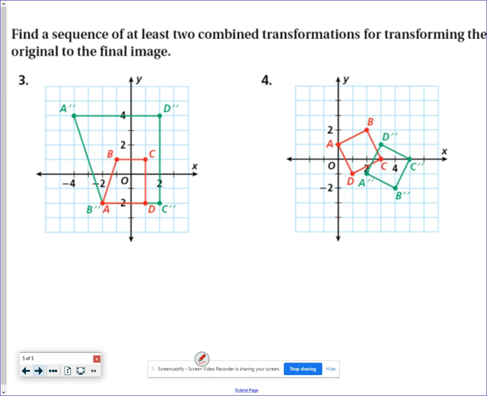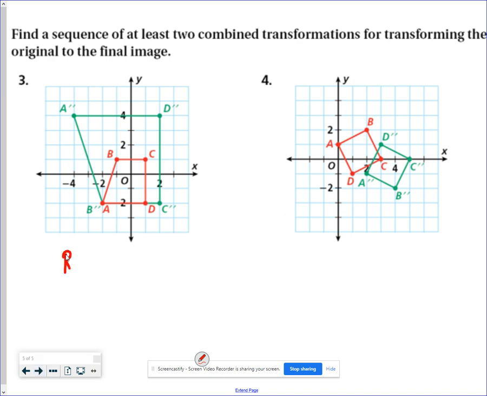clearly a reflection at some point, because the A, for instance, stays on the left side and the D stays on the right side, but AD goes from the bottom to the top for that A prime D prime. So that means that we're going to have a reflection, and it's changing size. So that means that we're going to have a dilation.